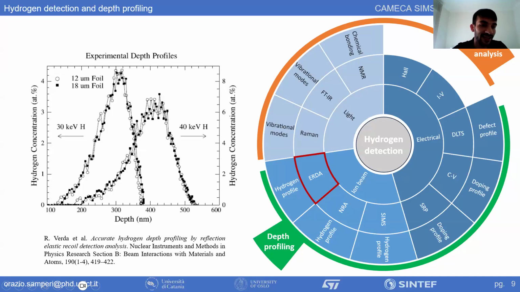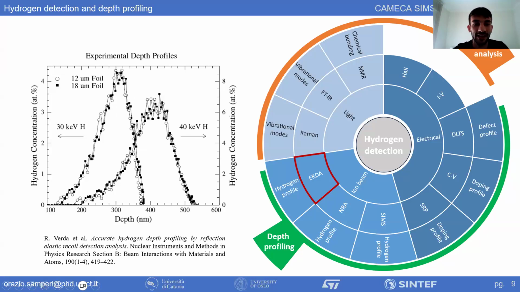This technique is powerful from one point of view, because you can obtain the absolute hydrogen concentration in atomic percent. If you know the density of the material, you can convert it into, for example, atoms per cubic centimeter. And this is a good point to use this technique.